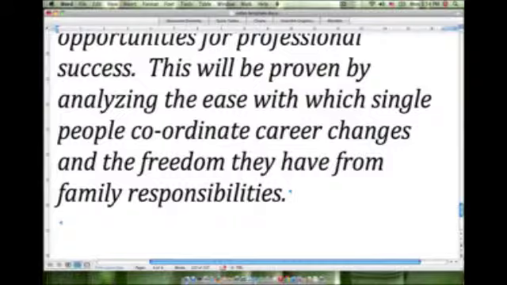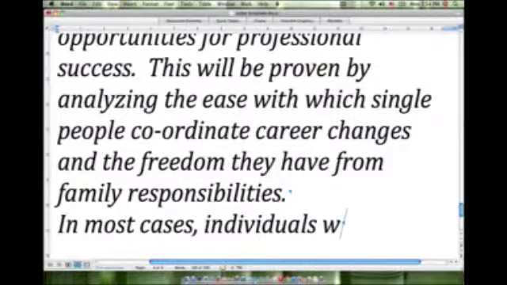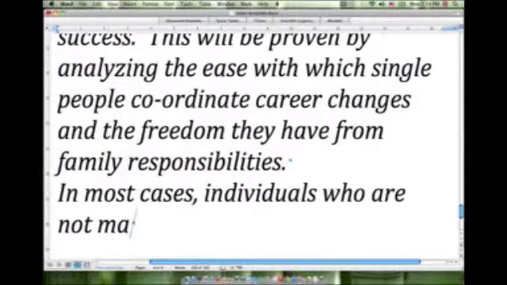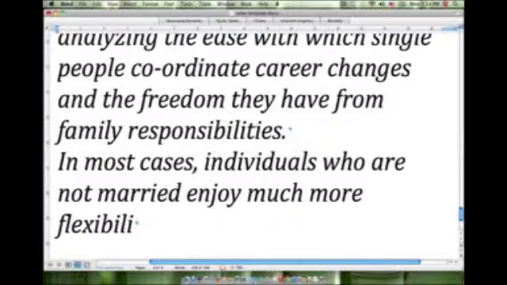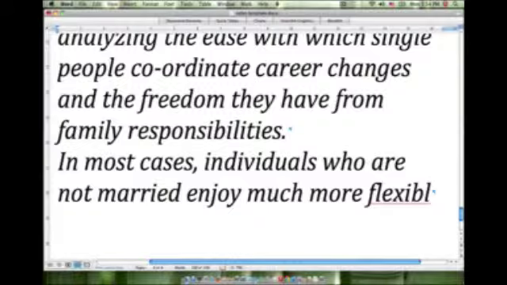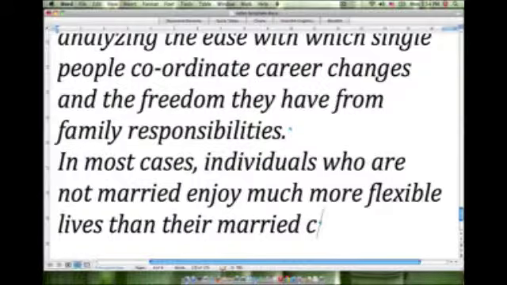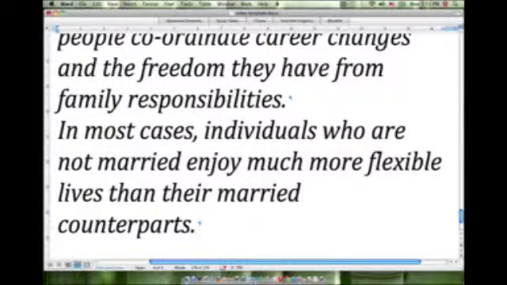So we can start with a sentence such as, maybe in most cases, of course this is not true for everybody, but in most cases, individuals who are not married, let's say that they enjoy much more flexible lives than their married counterparts. Okay, in most cases, individuals who are not married enjoy much more flexible lives than their married counterparts.